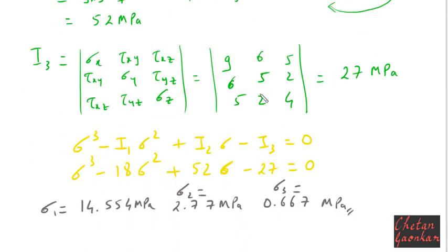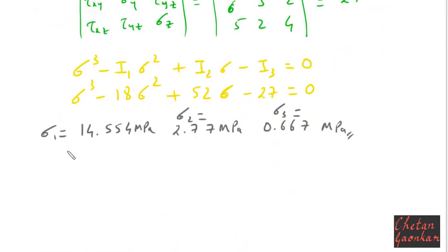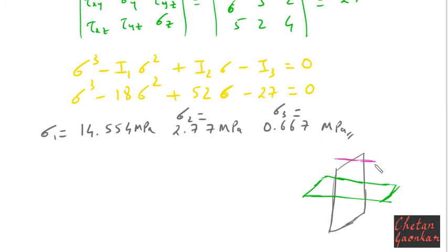Now once this is done, we know that each principal stress will have principal planes associated with it. For example, if this is the plane of first principal stress, then the plane of second principal stress might be somewhat like this, and the plane of the third principal stress will be somewhat like this.